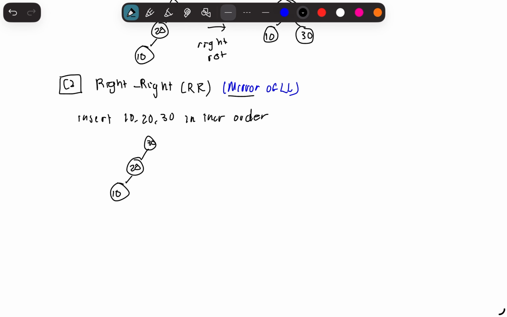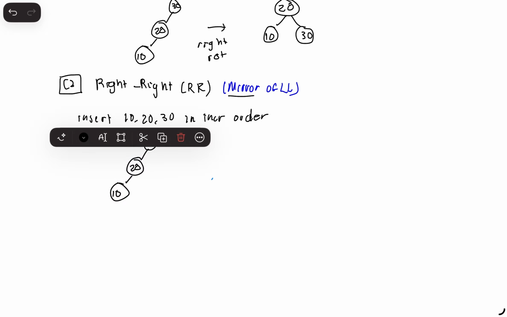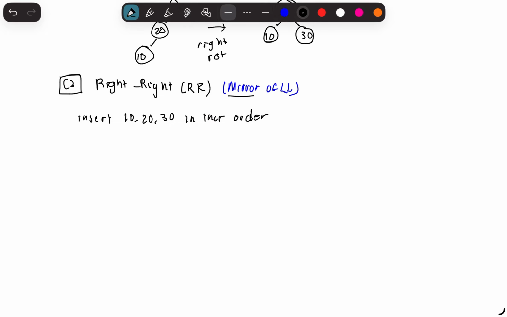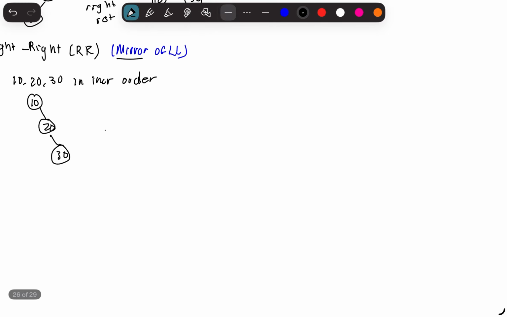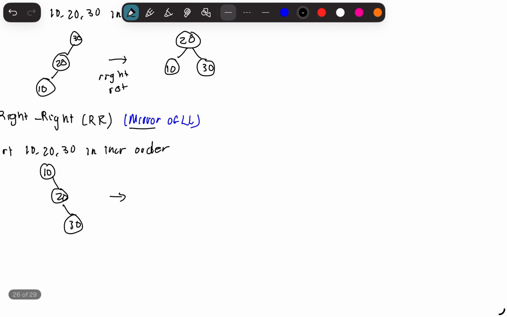It's a mirror, so it's flipped. So it's going to be 10, 20, 30. Now this is unbalanced, so you're going to do a left rotation. This is going to result in 20, 10, and 30.